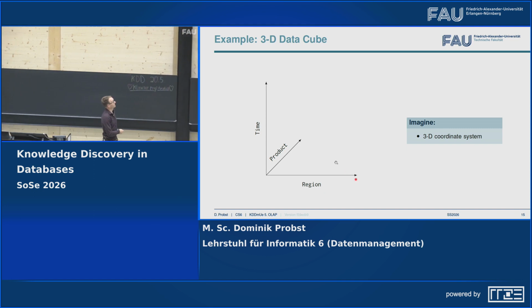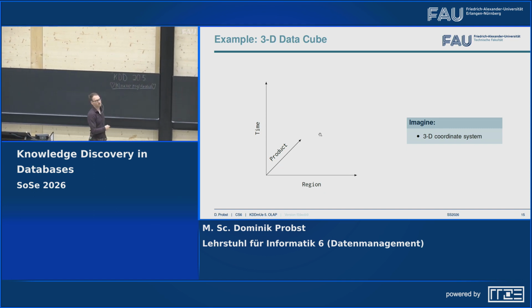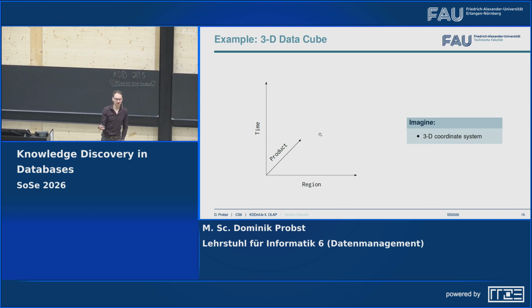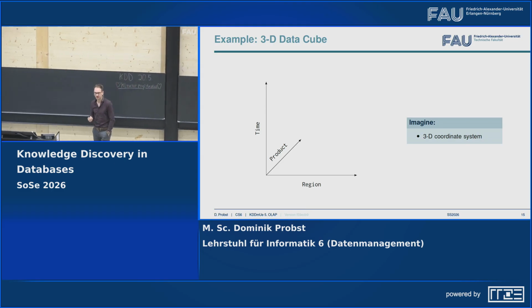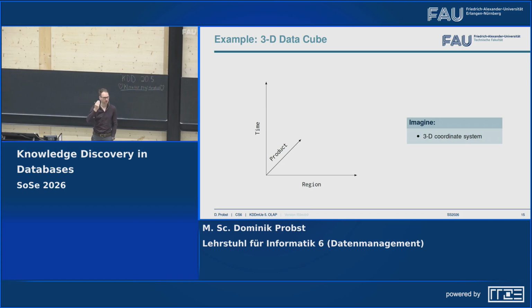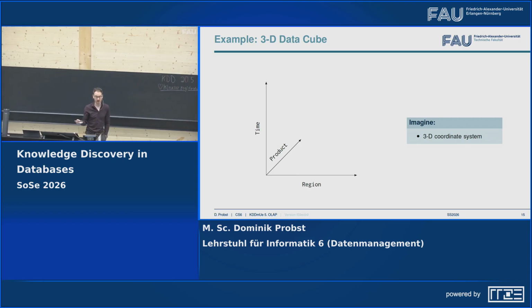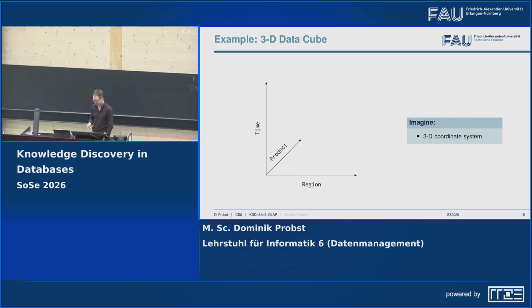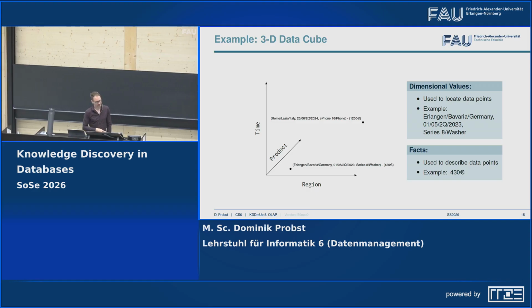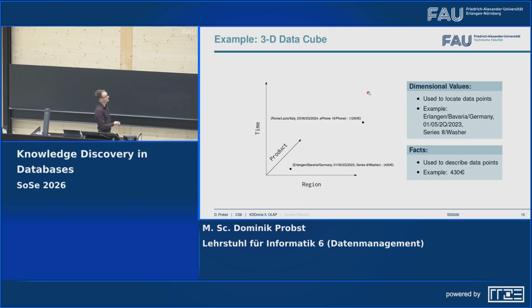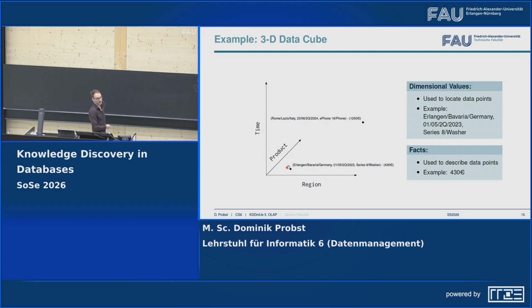And the last dimension we are using is product category. Let's say we have dishwashers, washing machines, TVs, and all these things can be distinguished in the product dimension. One sale would be a little dot somewhere in this coordinate system.